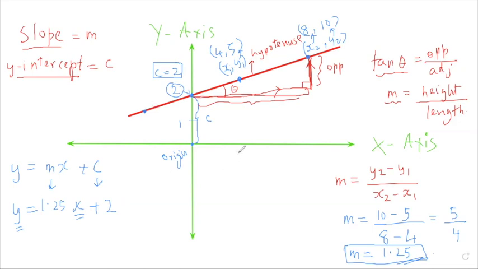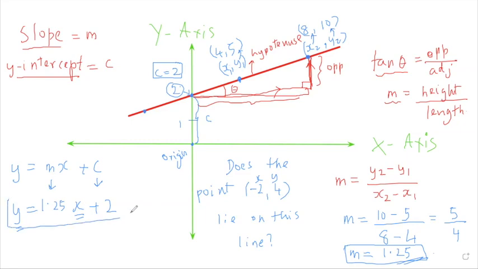So it could be this, anything that satisfies this equation, right? So suppose someone would ask you, does the point -2, 4 lie on this line? So you can check by substituting x and y in this equation. So check and see. We'll substitute what x and y are. So in this equation, because it's the equation to this particular line, this is the equation to this line.